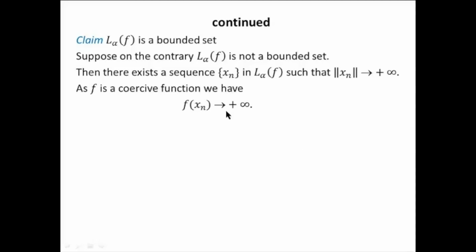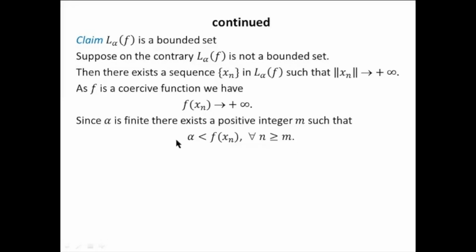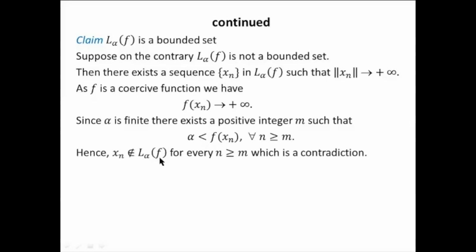Now by the definition, the value of f of xn can be made as big as you want. So if I take alpha to be a number, then f(xn) can be made more than alpha for n sufficiently large. That is, there exists a positive integer m such that f(xn) exceeds the value alpha for all n greater than or equal to m. What does this mean? xn is not in L alpha f for every n greater than or equal to m.